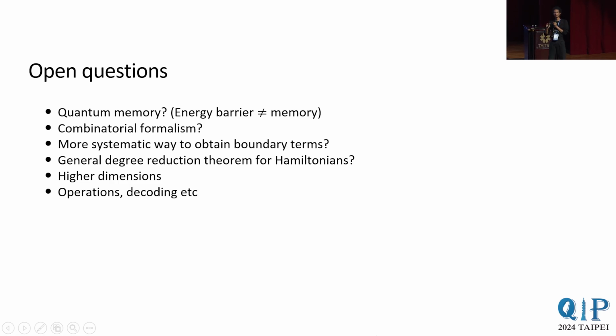You start with an LDPC code that has an arbitrarily large but fixed degree, and you end up with something that has a very well understood degree. And can we generalize this construction to Hamiltonians that do not commute, for example? And as a future direction, how to generalize this construction to higher dimensions, and how to perform operations and decoding on these codes, has been left as an open question.